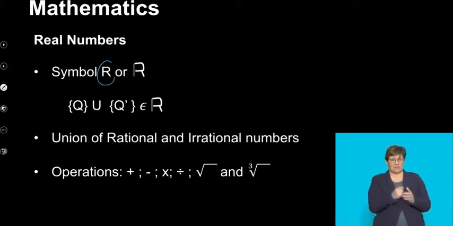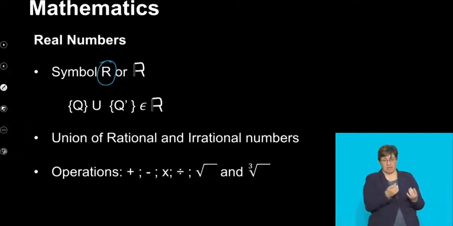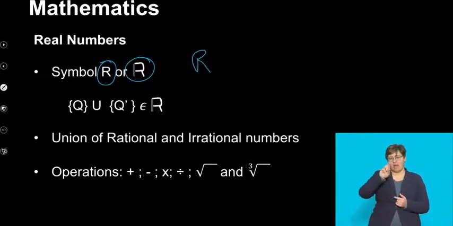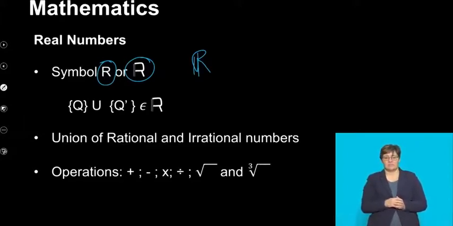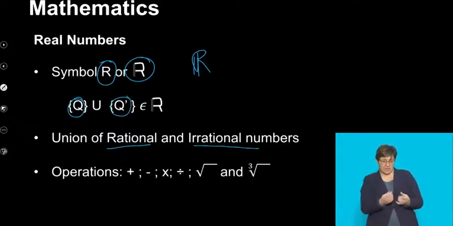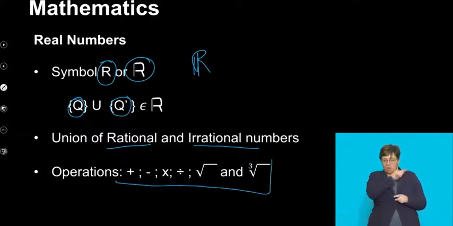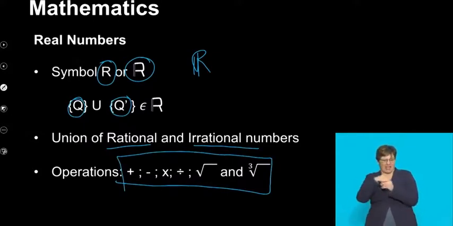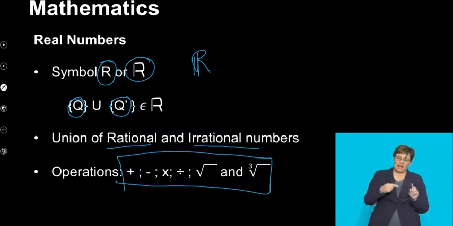We normally use the symbol R for real, and at times it's written with 2 lines there, which is how I try to show you. So this is a union of rational numbers and irrational numbers, right? And the operations are all the operations that we've used so far: plus, minus, times, divide, the root, and the cube root.